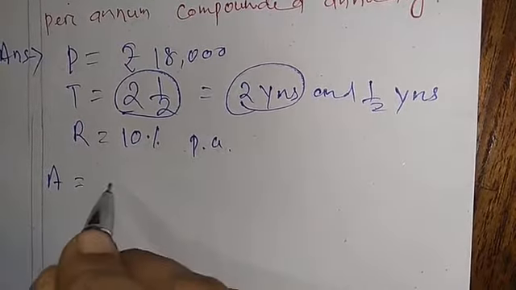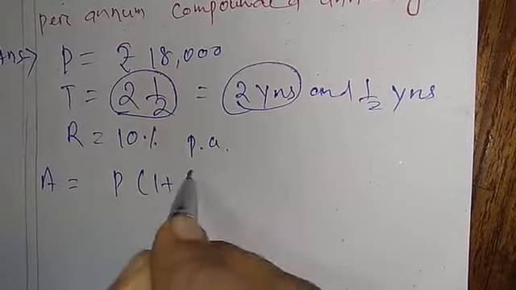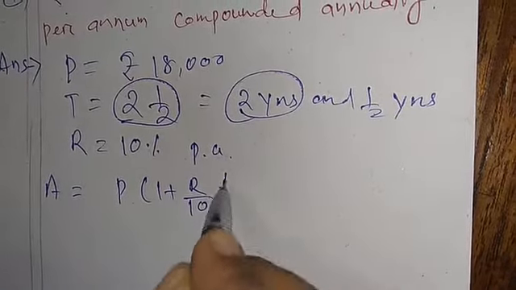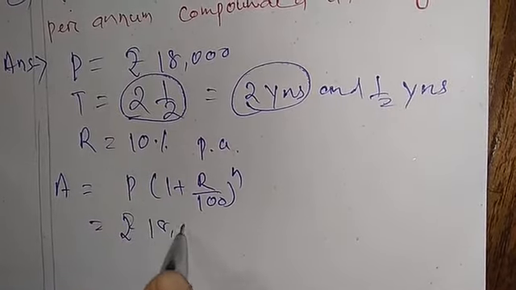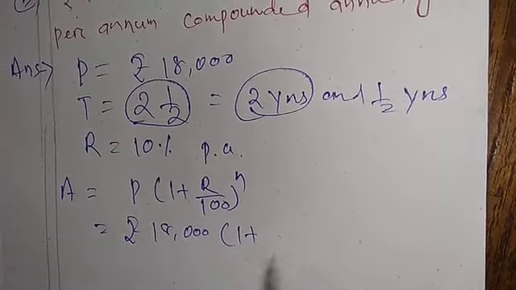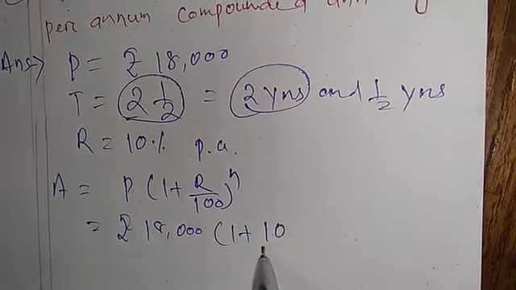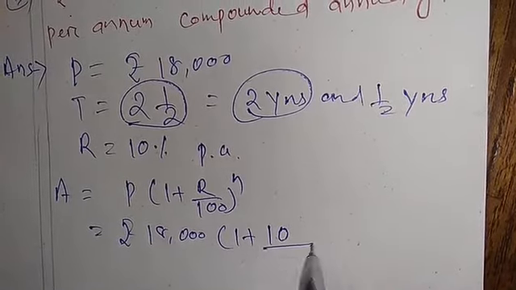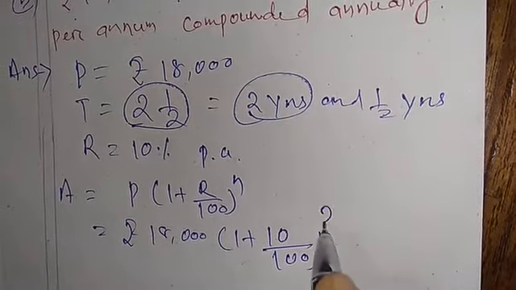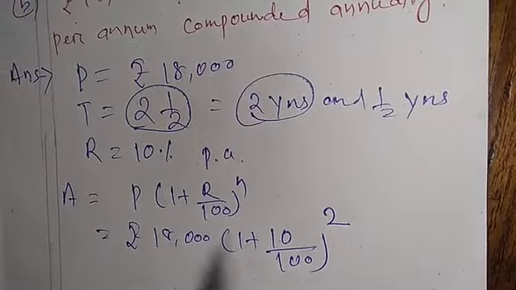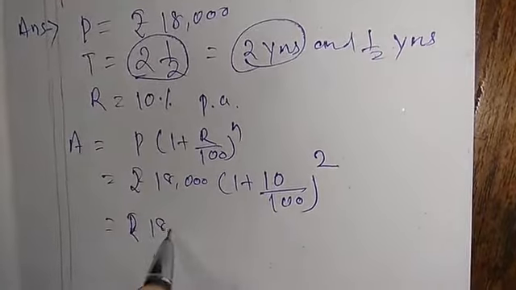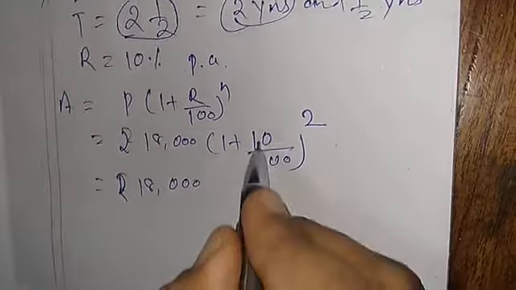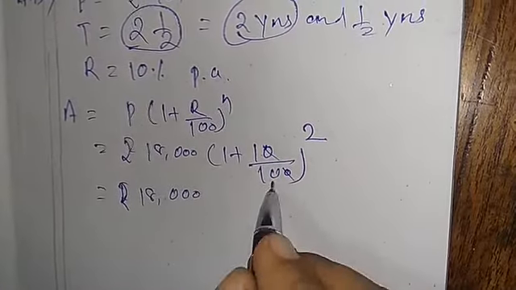So amount equals P into 1 plus R by 100 to the power N, principal 18,000, 1 plus rate of interest 10 by 100 to the power 2. So again 18,000, 100 cancel, means 1 by 10.